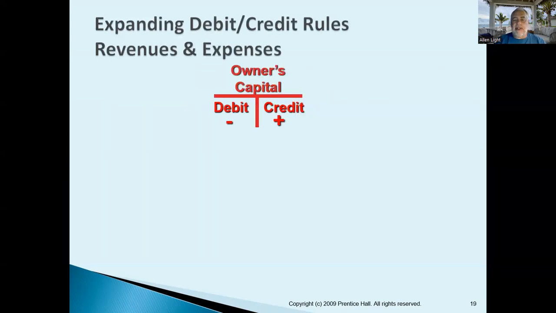Since the capital account is the major owner's equity account, it's increased by credits, as we said. Okay, so here's the increase in credits. Revenues increase equity, so they are also increased by credits. Withdrawals and expenses, on the other hand, decrease equity, so that means that those have to be on the opposite side.